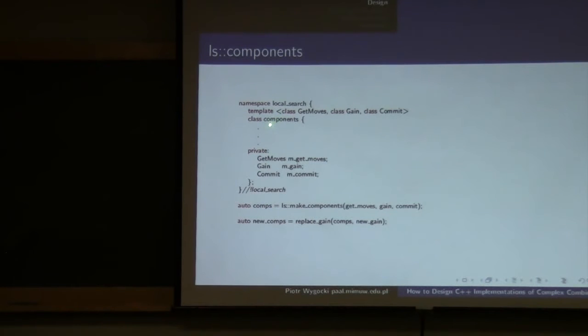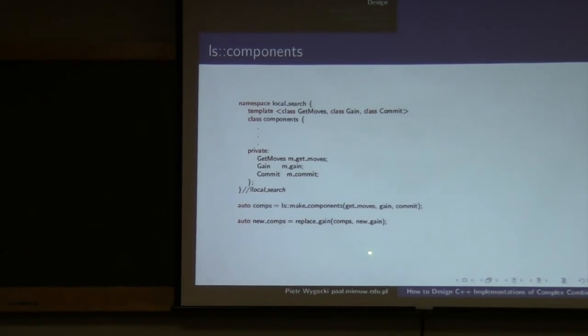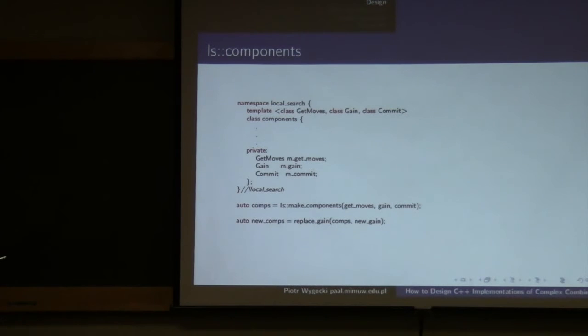This class is called components. I think it's not the perfect name, but I just don't have a better name. And we can have functions to replace one of the components here. So this is the first idea.